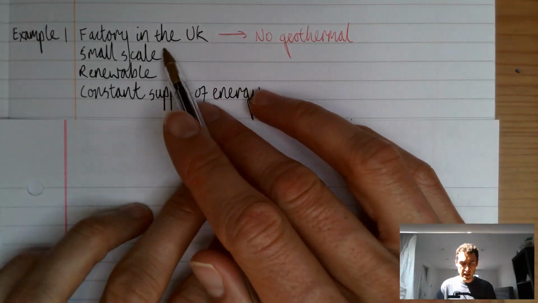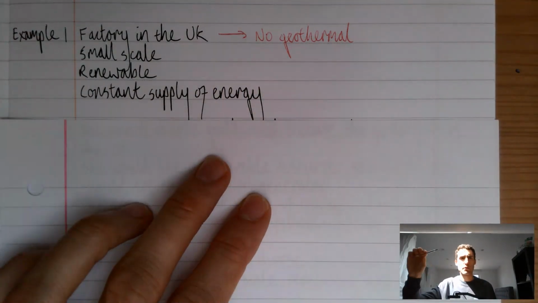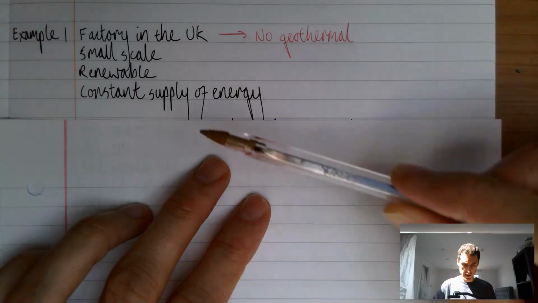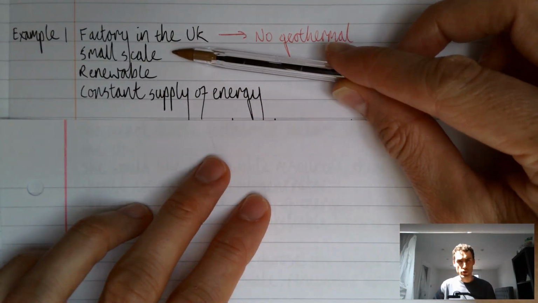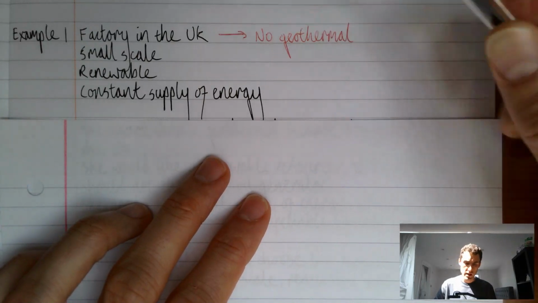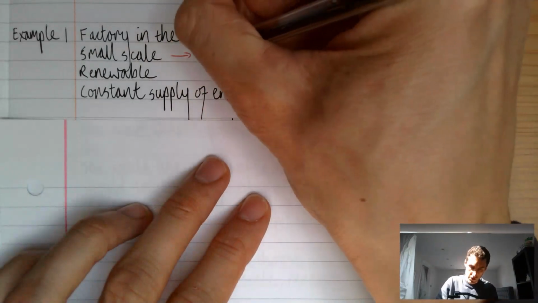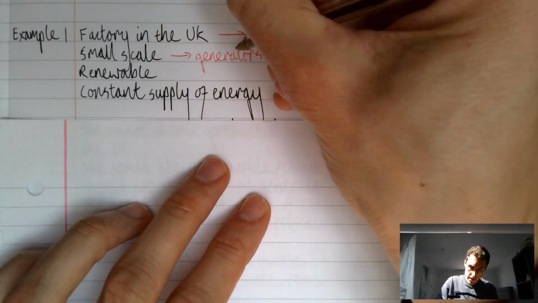Small scale, we'll come back to that. The fact that it's both biofuel generator and oil generator. What you couldn't have is a huge coal power station or a nuclear power station, but that's not as important here. I might just draw students' attention to the fact that we've got generators rather than huge power stations.